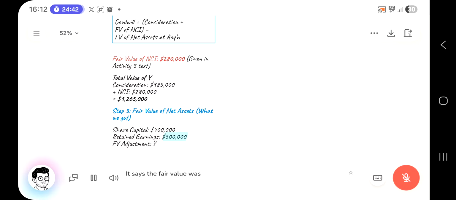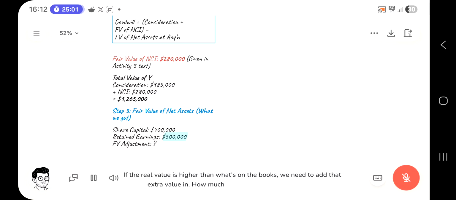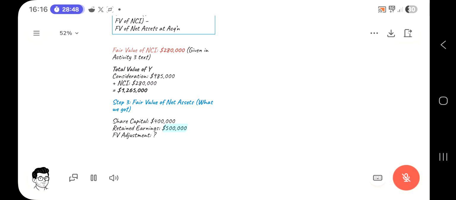It says the fair value was 160,000, but the carrying amount, which is just the value on the books, was only 100,000. If the real value is higher than what's on the books, we need to add that extra value in. How much extra value do we have there?